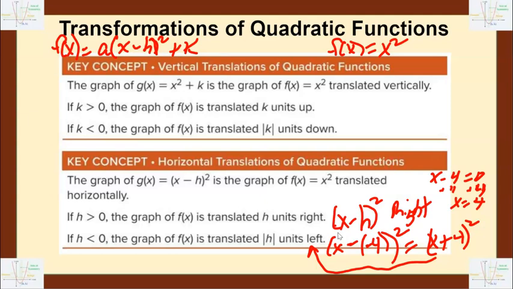And I could do the same thing, just make this parentheses equal to 0 and solve for x. I would just have to subtract 4, and subtracting 4 from 0 would give us negative 4, which means I'm moving 4 steps to the left of 0. So just make sure you know when h is negative, it goes to the left. When h is positive, it goes to the right.